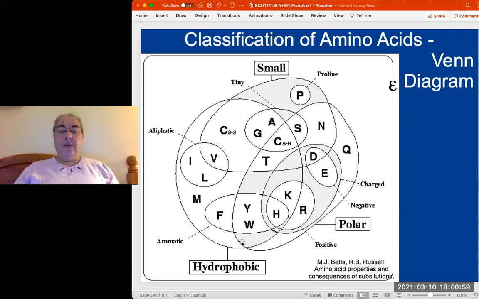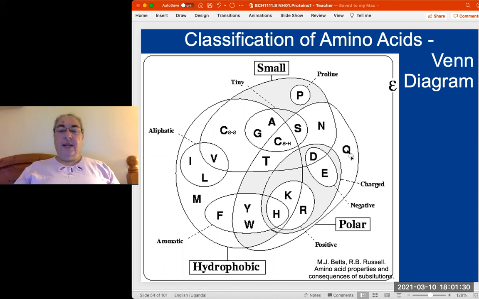Here is a category of hydrophobic amino acids, and here is a category of polar amino acids. So here, for instance, you can see that threonine is small and hydrophobic and polar. Okay, so that shows 3 different properties.